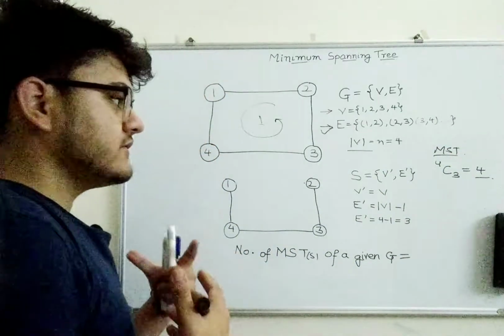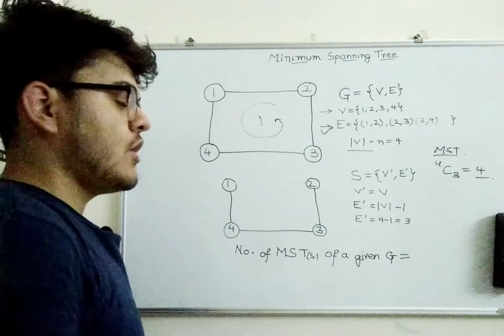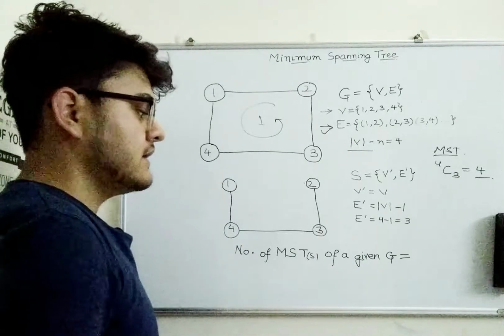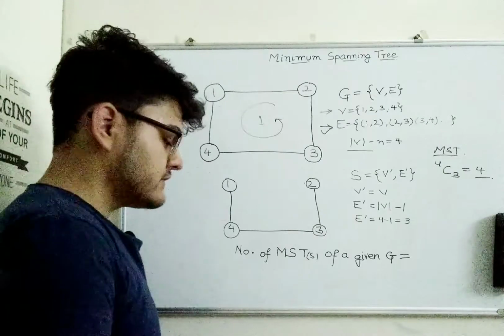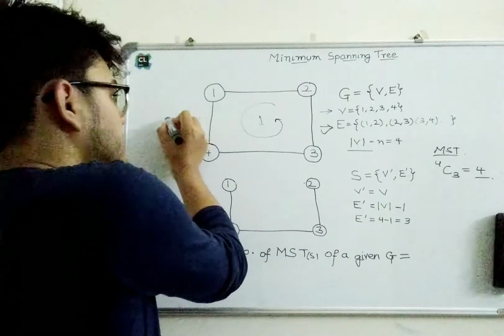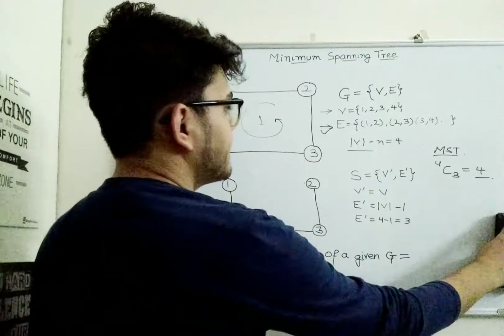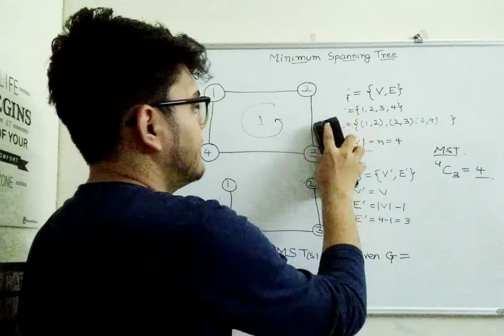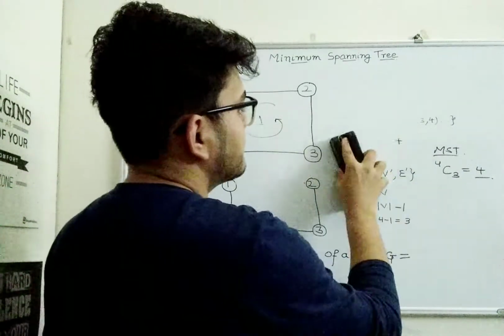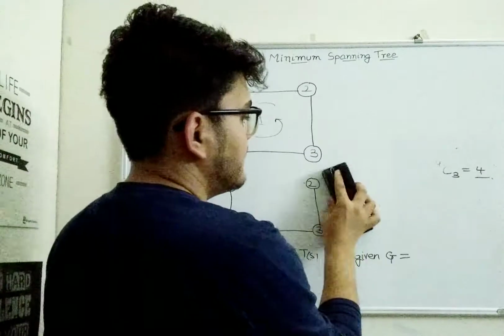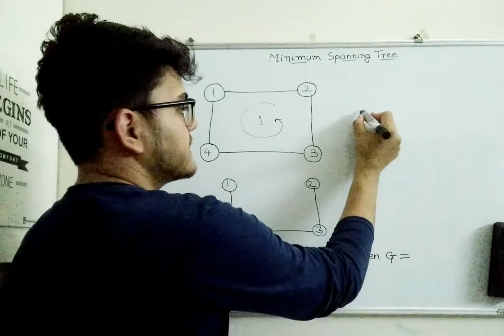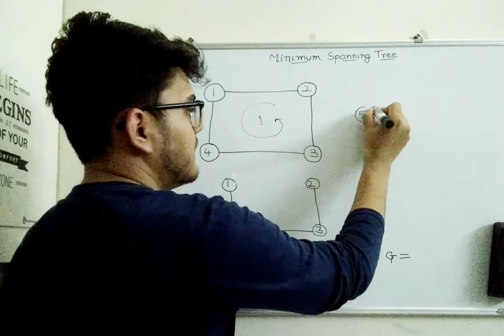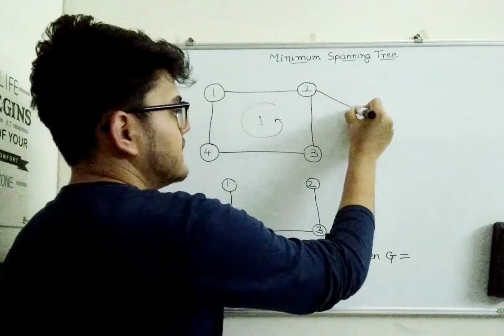So let me draw another graph and let's see what will be the number of minimum spanning trees of that graph. Let's suppose I add another vertex here, vertex 5, and I'm going to join it like this.